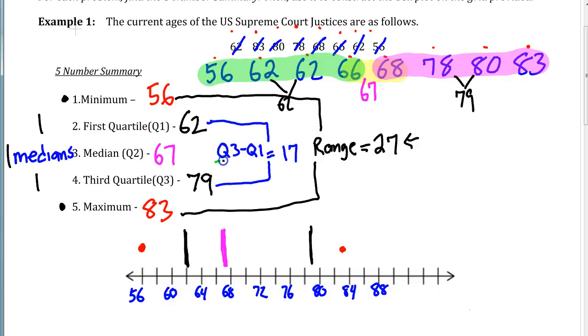You put a horizontal line that represents the IQR, so from Q1 to Q3, like that.